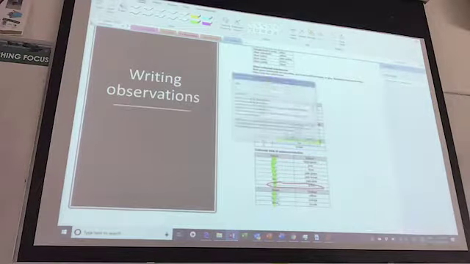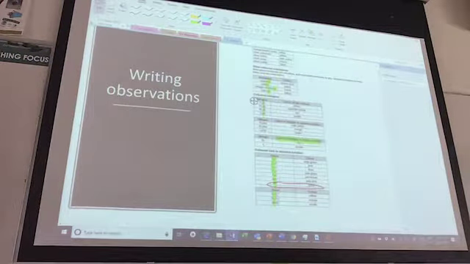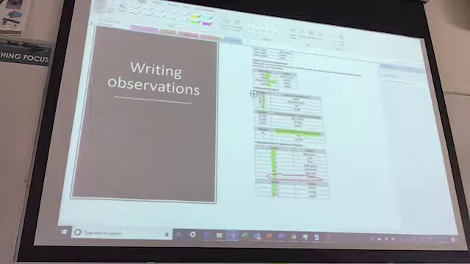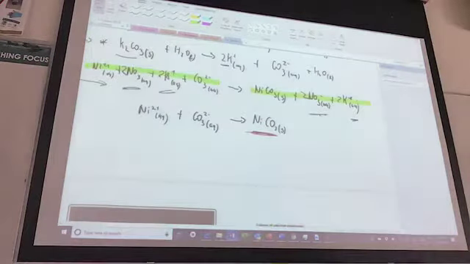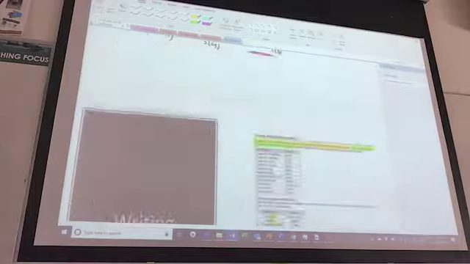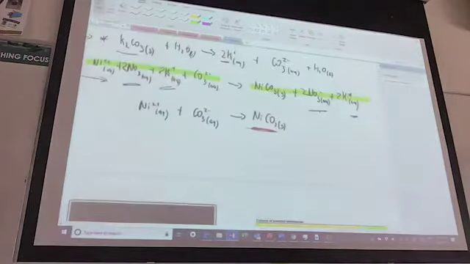So they would be white if they weren't coloured. So we would end up with a green precipitate because we're getting nickel carbonate. If it was potassium carbonate being precipitated out, that would then be a white solid. And what would happen to the solution?